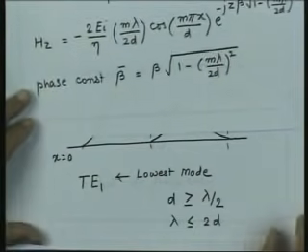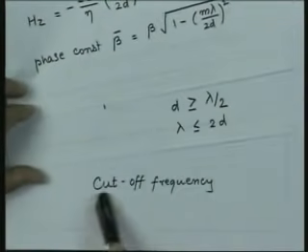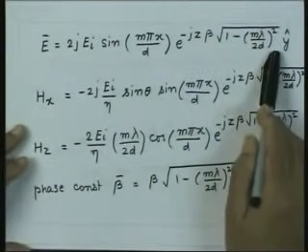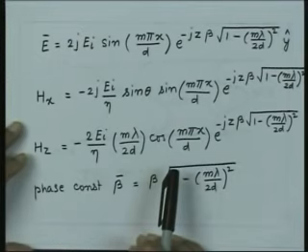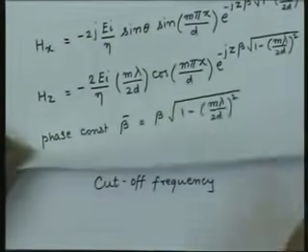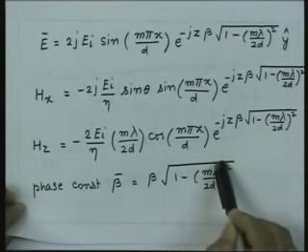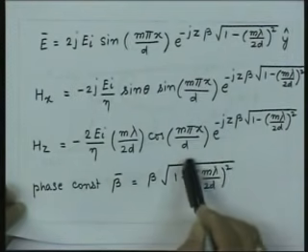So, at this frequency, when this condition is satisfied, what we call the cutoff frequency, at cutoff frequency the phase constant of this wave goes to 0, and below this frequency this quantity is greater than 1. So, this quantity is imaginary.